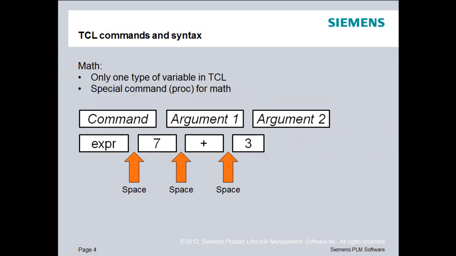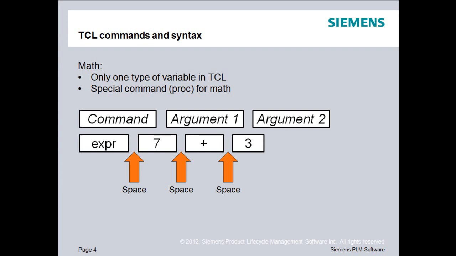So how do you perform math in TCL? Well, the EXPR command, or expression command, allows you to perform math functions in TCL. This actually calls a proc, or a procedure, if you want to know the underlying logistics of it, but that's not really necessary for you to know.